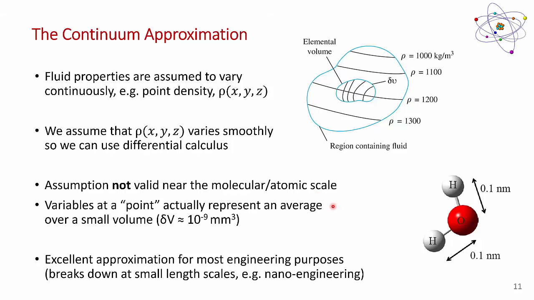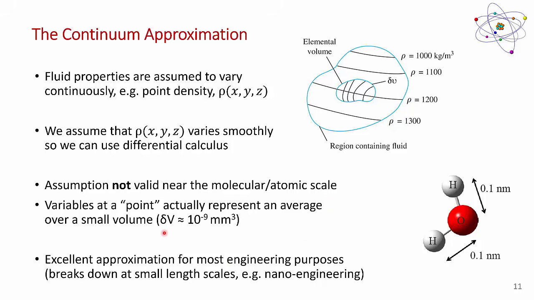And so your book points out that when we make use of the continuum approximation, when we have a derivative of a property like density, we're actually representing the point property as an average over a small volume, small but large relative to the atomic scale.